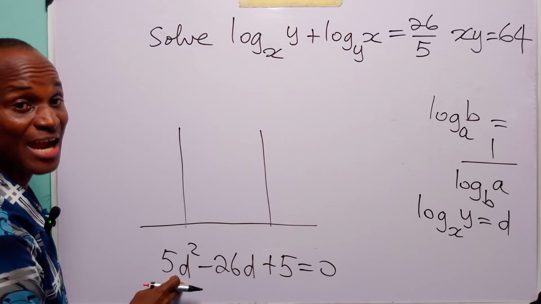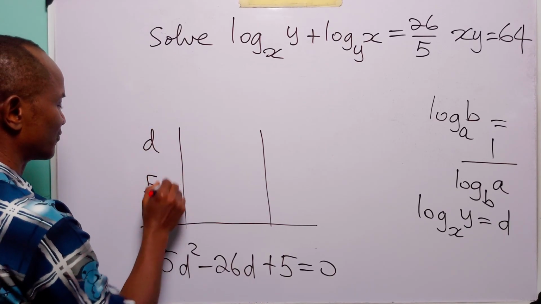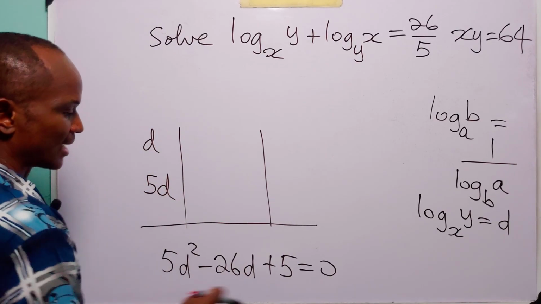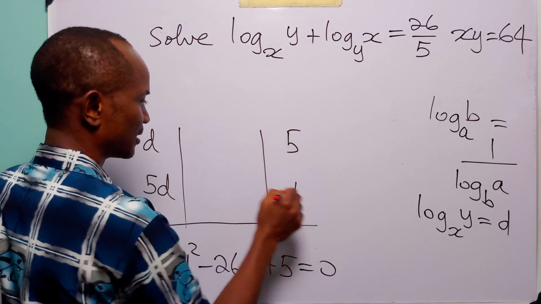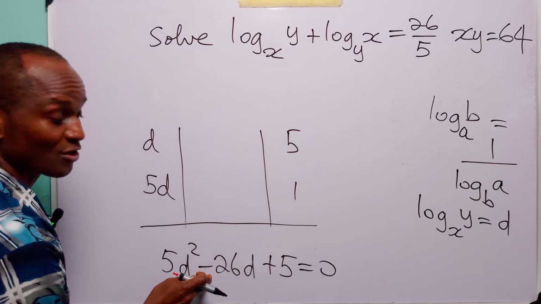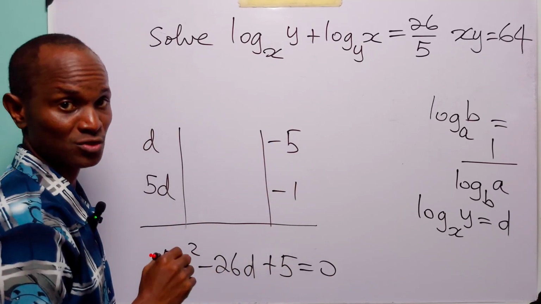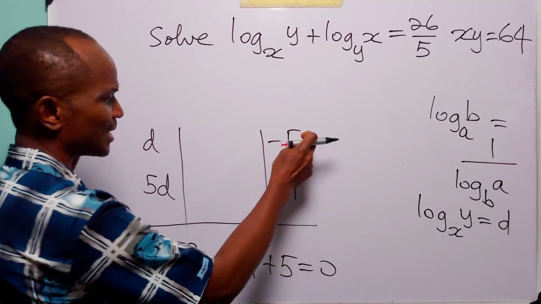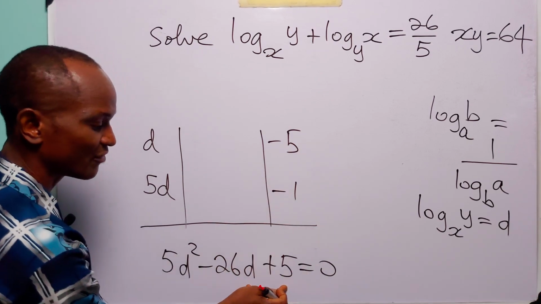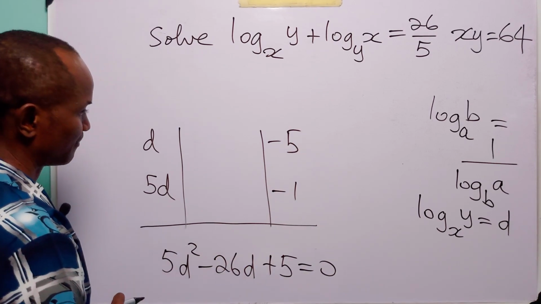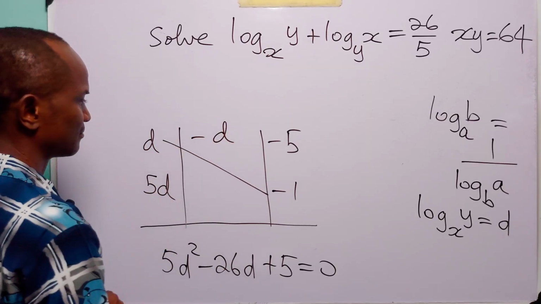The factors of 5d squared will be d and 5d. And the factors of 5 will be 5 and 1. But because of this negative sign, let us make this minus 5 and minus 1. Of course, you know that minus 5 multiplied by minus 1 is still going to give us plus 5. When we multiply this by this, we have minus d.